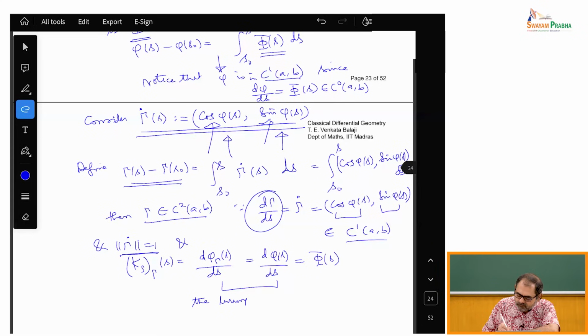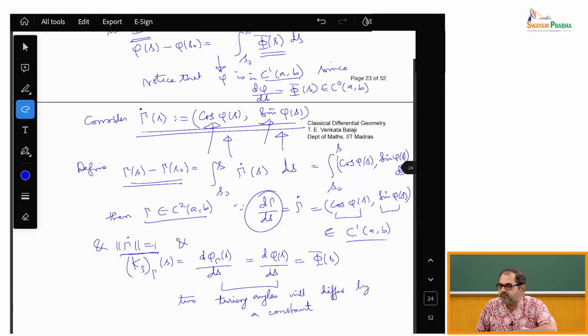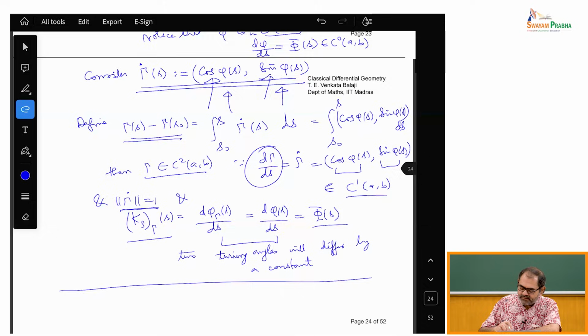Therefore, the moral of the story is that two turning angles differ by a constant, and therefore you get the sine curvature of gamma to be capital phi. So we have finally been able to get the proof.